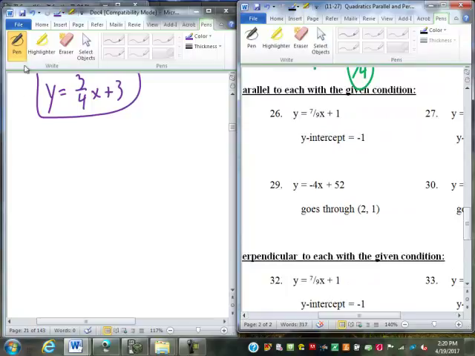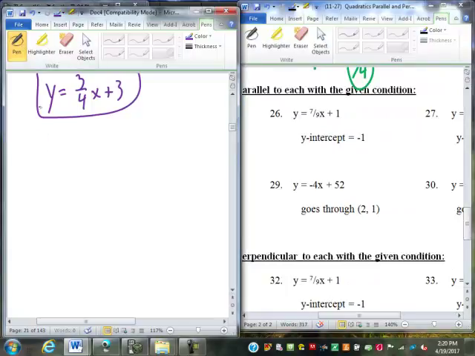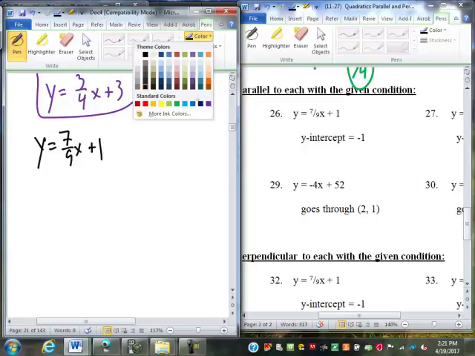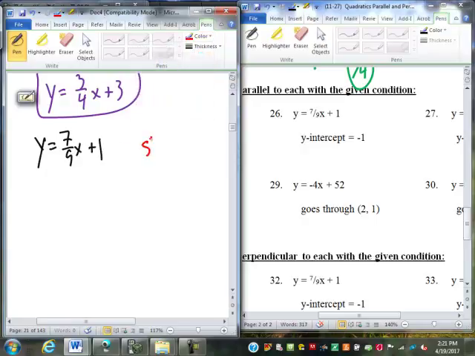For 26, again, y equals 7/9 x plus 1. The only information we want out of that equation is its slope, which is 7/9. The parallel will have the same slope, so it'll be 7/9.